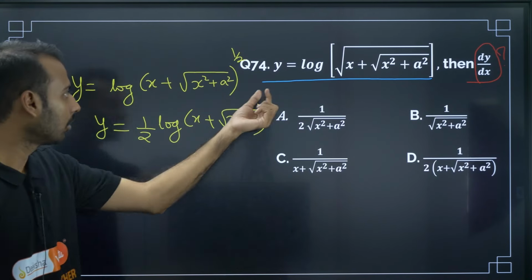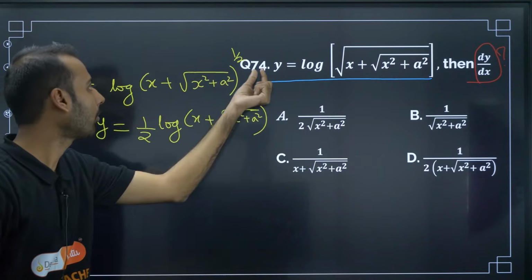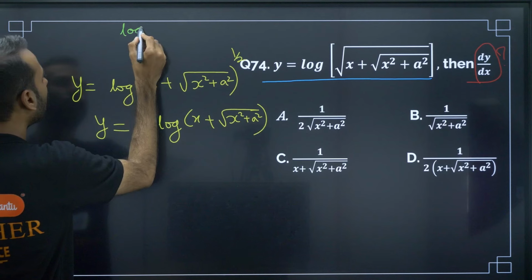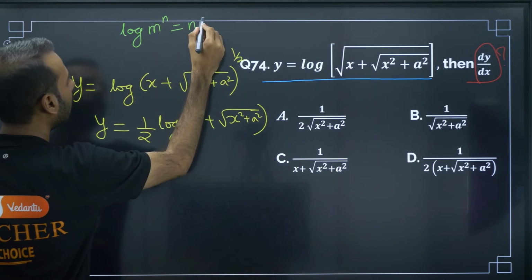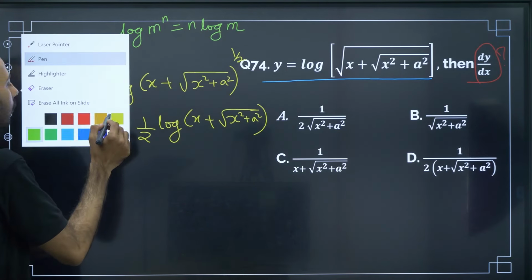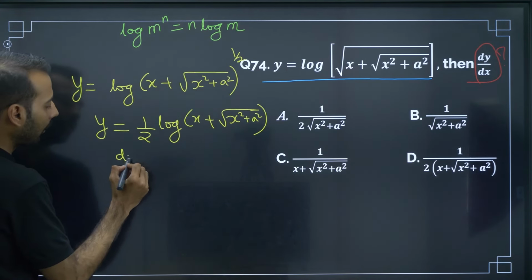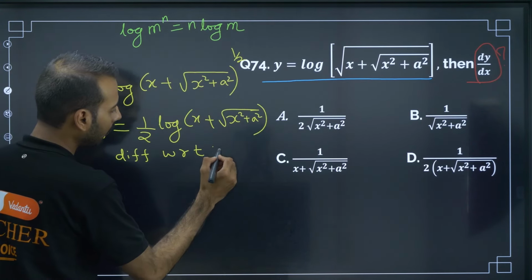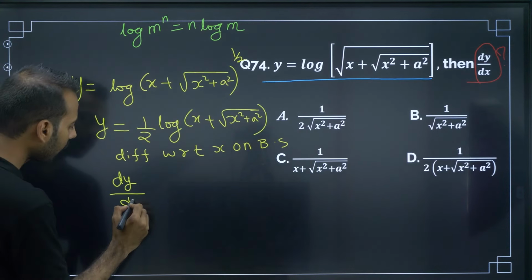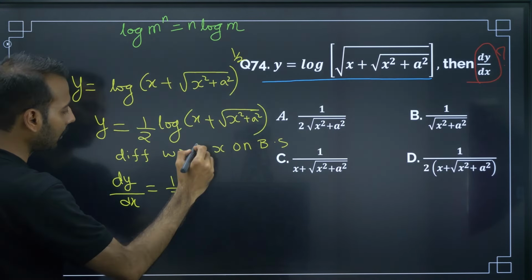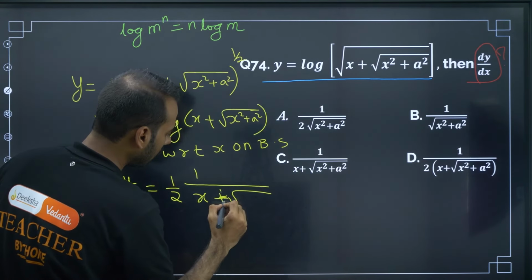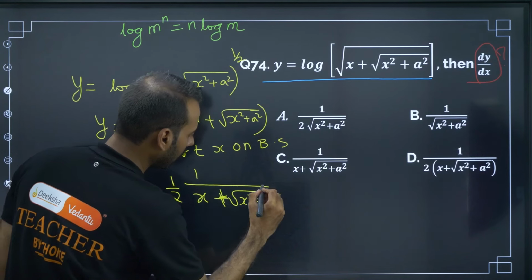Under root means power 1 by 2. Using properties of logarithm, log m power n is n log m. Now what are they asking? dy by dx. Differentiate with respect to x on both sides. So dy by dx is equal to 1 by 2. Differentiation of log is 1 by x plus root of x square plus a square.